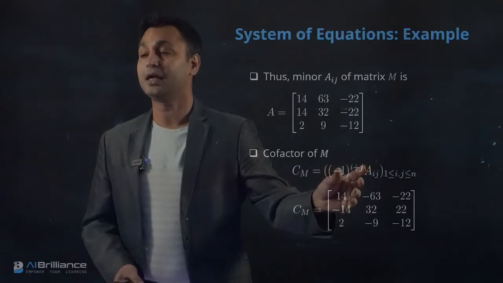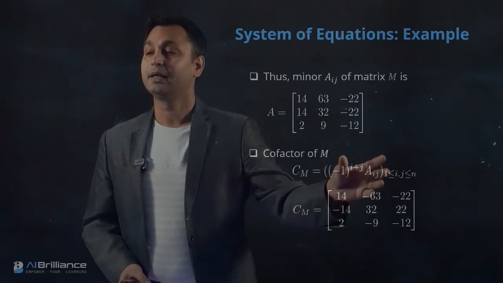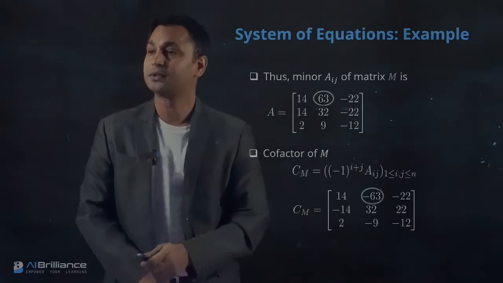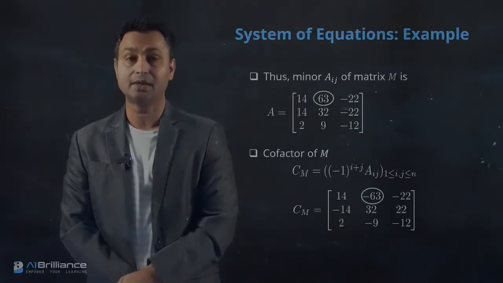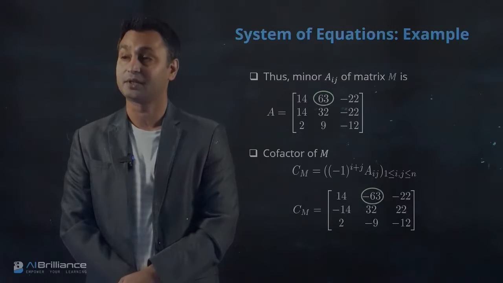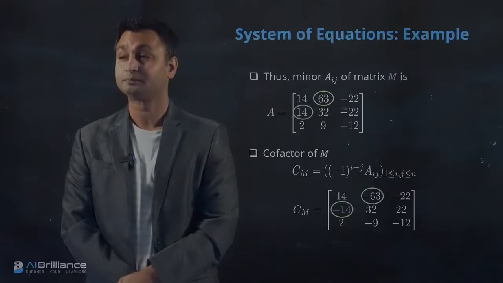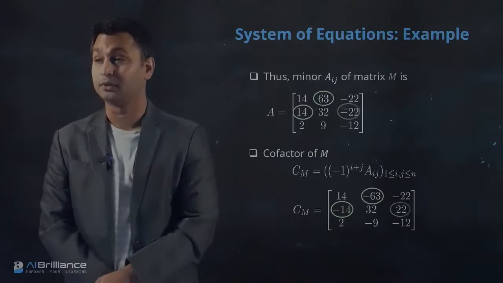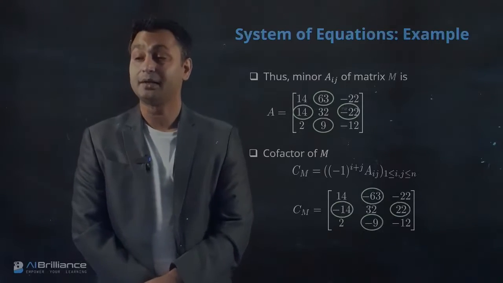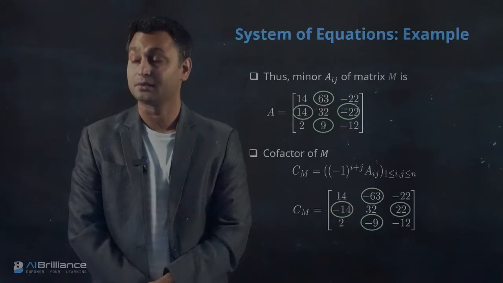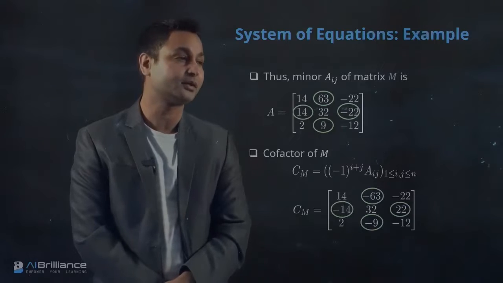In other cases i plus j will be even, so this will be 1 and nothing is changed. So the entries where the sum of indexes i plus j is odd, they change sign. So 63 becomes -63, 14 becomes -14, -22 becomes plus 22, and 9 becomes -9, because the sum of i and j for those entries is odd.